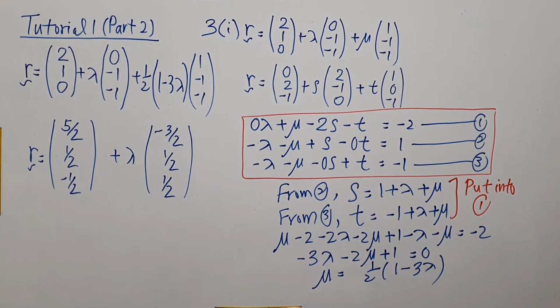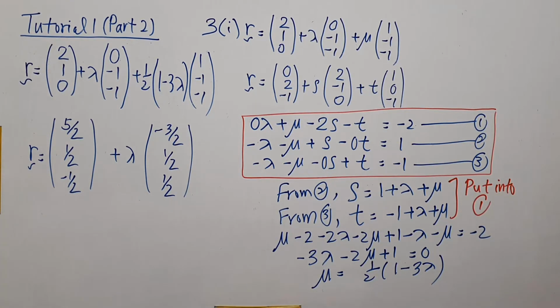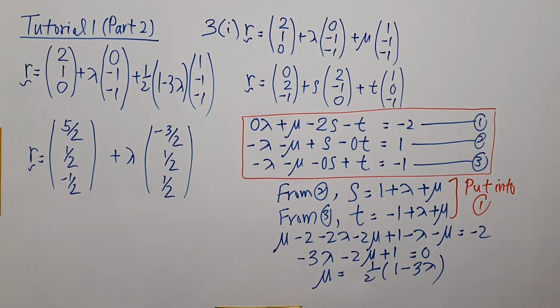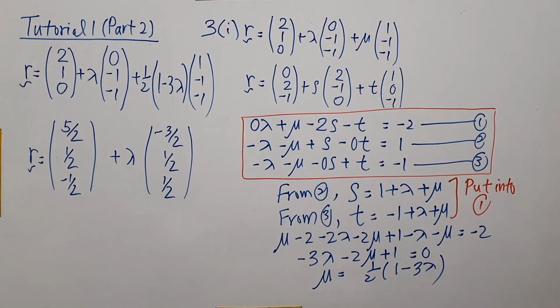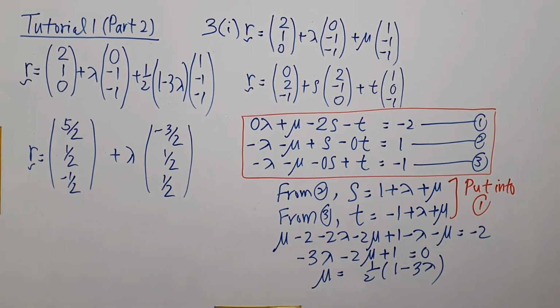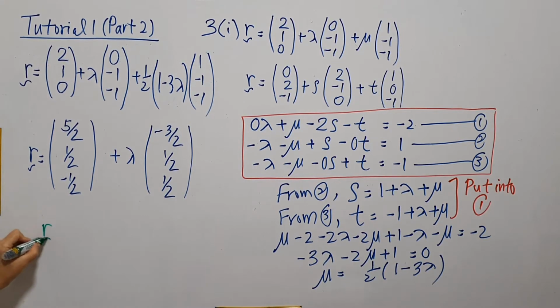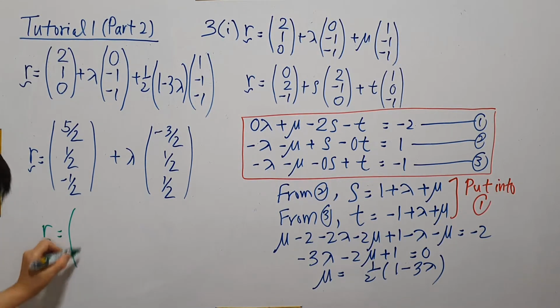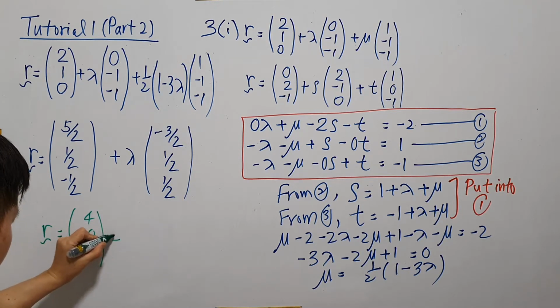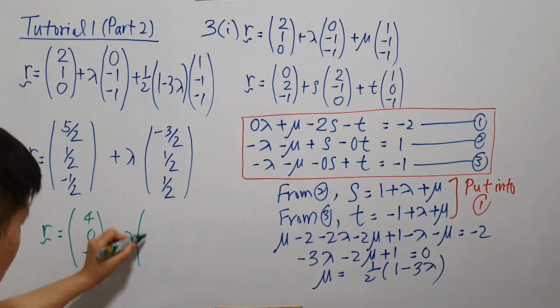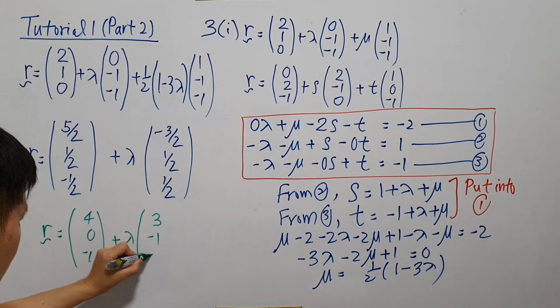Let's see again the answer key. The answer key given to us is r equals 4, 0, minus 1 plus lambda of 3, minus 1, minus 1.